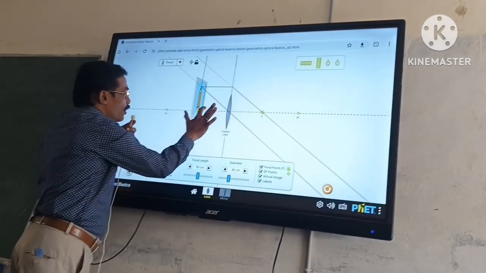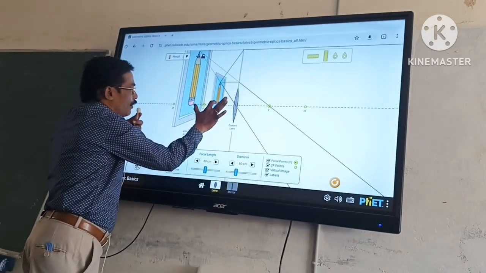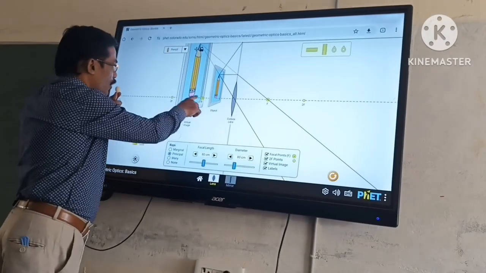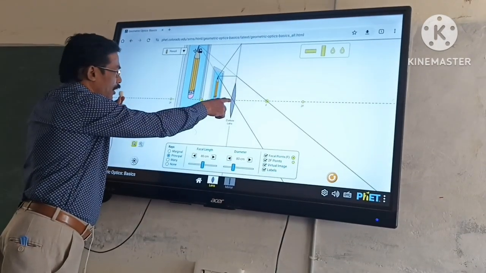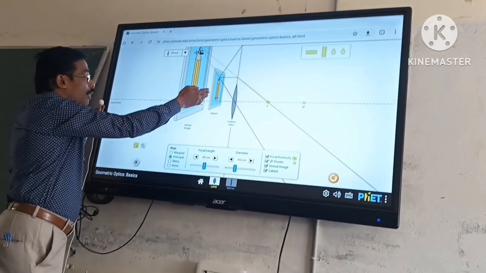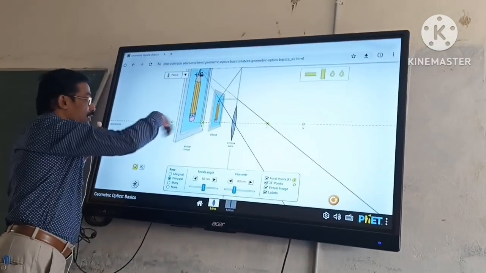And then move this object between the focus, the focal point, and the optic center. Then the image is formed behind the object, a virtual image, erect and enlarged.